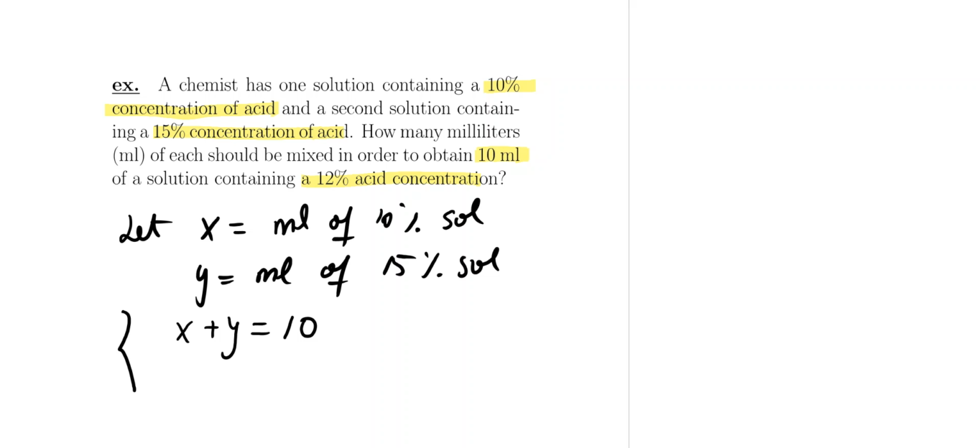So think about it. Let's say that I have 100 milliliters of the 10% solution. How much of that 100 is actually acid? Well, 10% of it. So 10 milliliters is going to be acid.